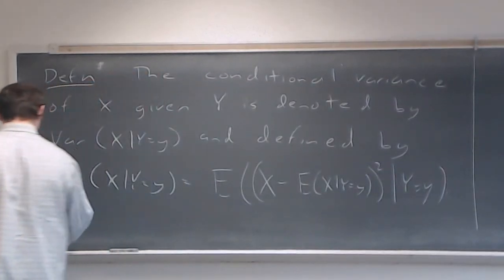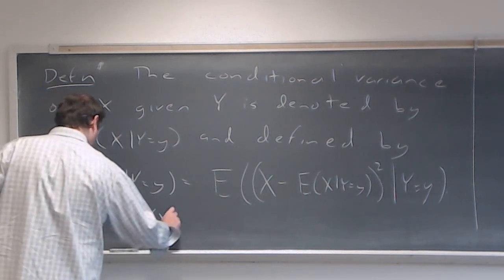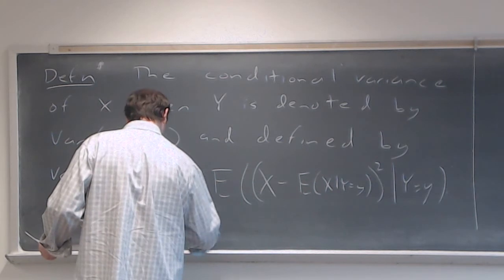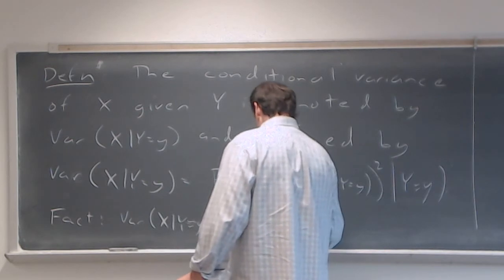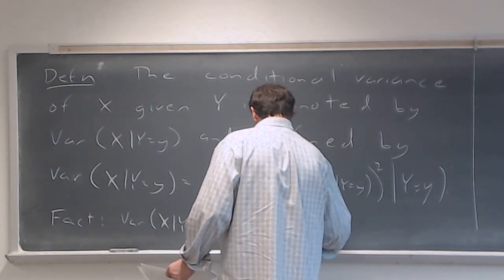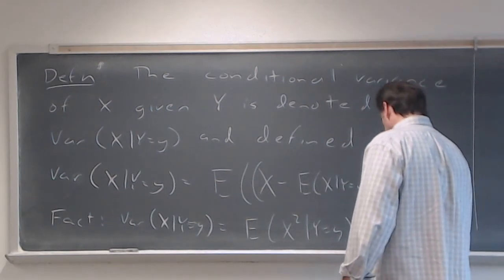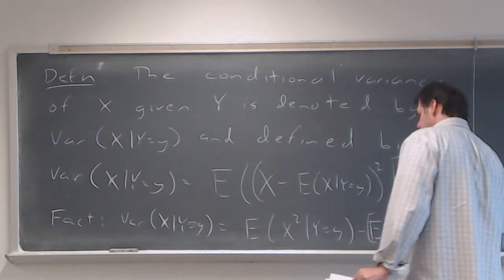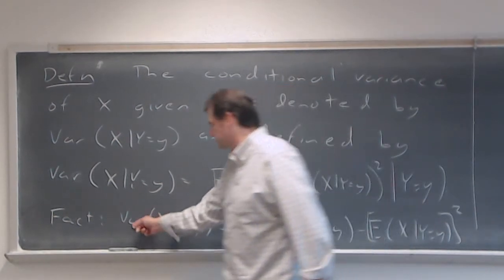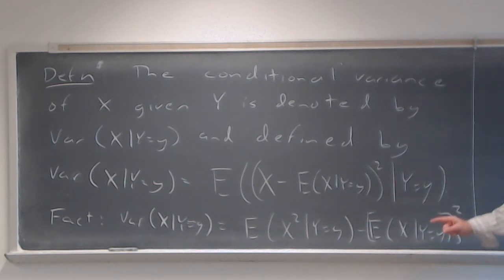As a fact, we could say the conditional variance of x given y equal to y is equal to the conditional expectation of x squared given y equal to y minus the conditional expectation of x given y equal to y, squared. So that conditional variance fact is very similar to the formula for computing the variance of just x.